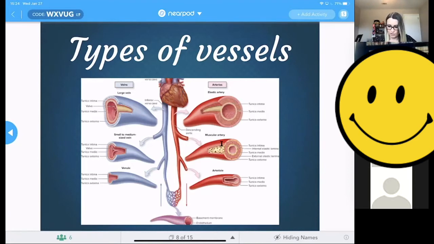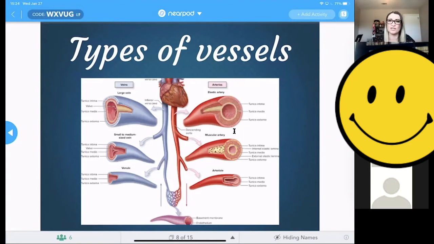When you look at that picture of the elastic artery, you can see these yellow fibers, and that's what's supposed to represent those elastic fibers. These arteries are known as conducting arteries. The type of artery that we labeled with all the sublayers, that's your muscular artery. So these elastic arteries eventually will branch into muscular arteries.